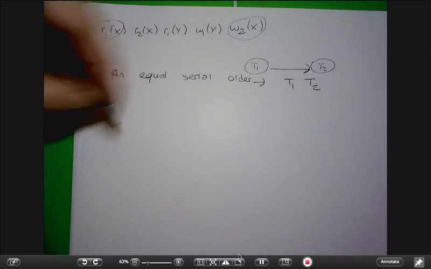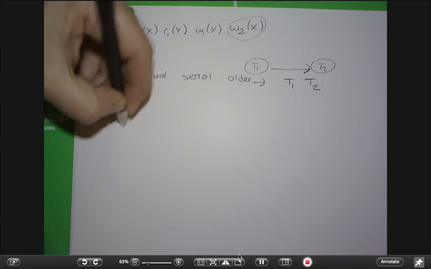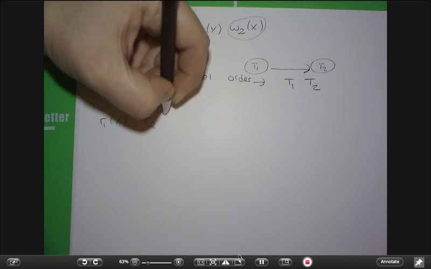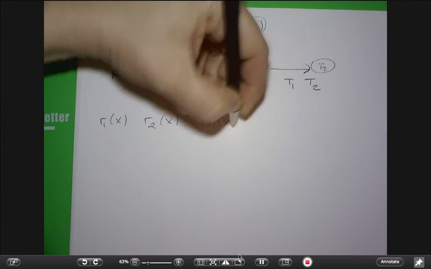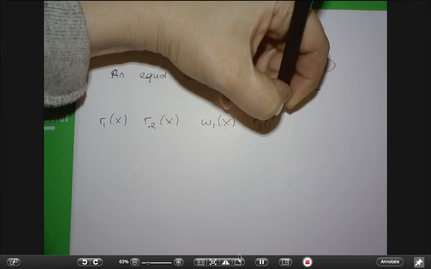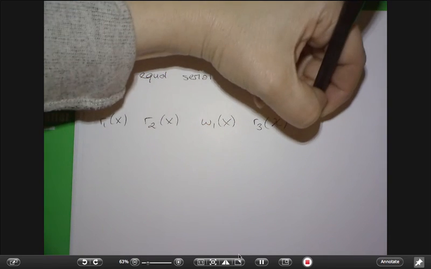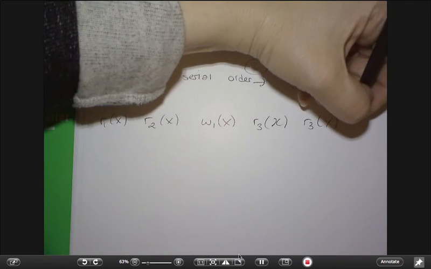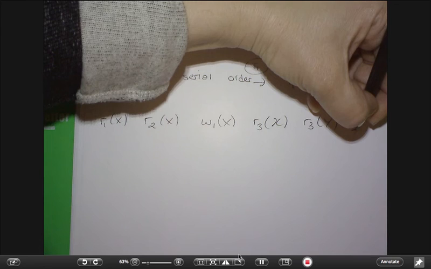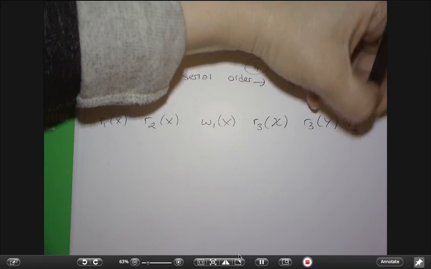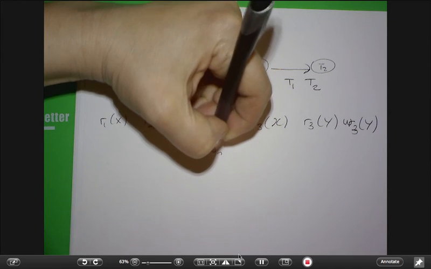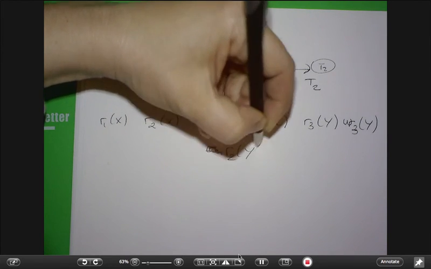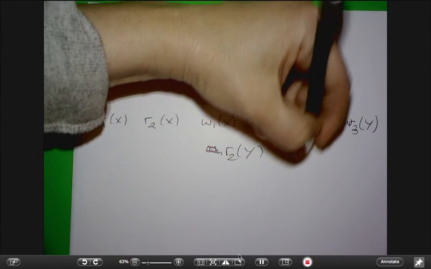However, let's write another one. So R1 of x, R2 of x, W1 of x, R3 of x, R3 of y, W3 of y, R2 of y, and W2 of z.